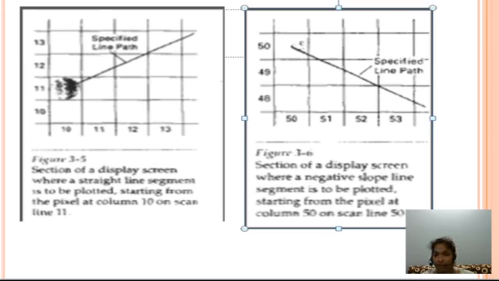In the second figure, you see the line is coming down. We have plotted the point 50, 50. First point is 50, 50. Then x is incrementing 51, 52, 53, whereas y is decrementing 50, then it is coming downwards 49, 48, etc. So we have to decide which point to be plotted next.